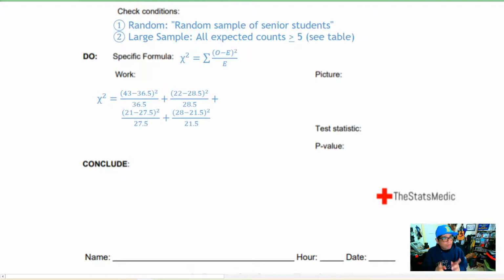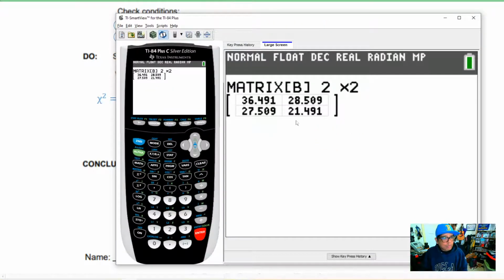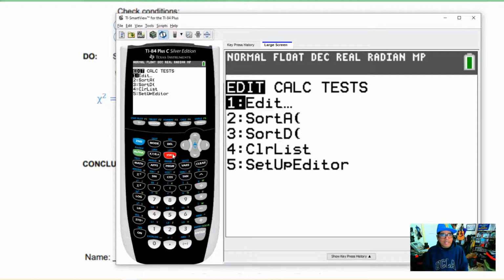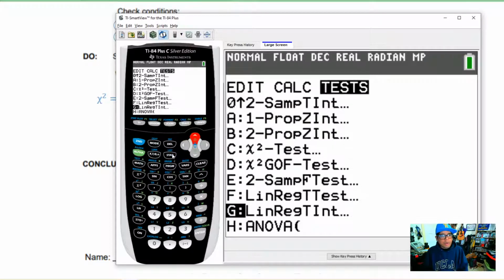Now, if you remember from earlier, we actually were able to see the chi-square test statistic without a whole lot of calculator fuss. So we'll go back to the calculator and we'll do that exact same thing. If it's not already there. No, it's not already there. So we'll just do stat test. Then we'll go around to the chi-square test.